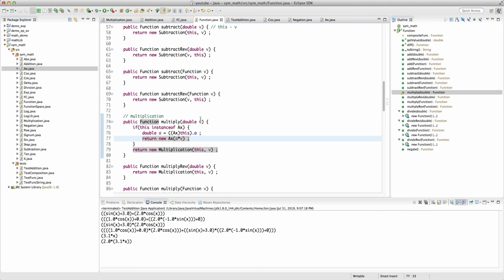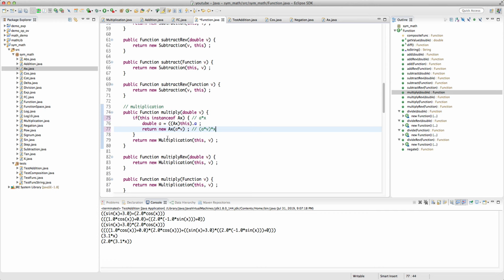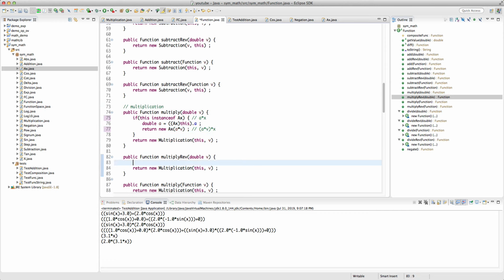So what happens here, if our function is actually ax, we return a times v times x, for example. Now the same philosophy applies for reverse multiplication.